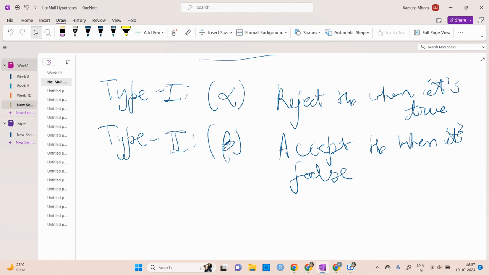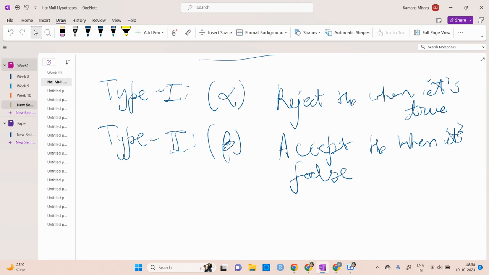On average it is around 250: the first day it was 251, second day 249 or 248, maybe somewhere between 245 and 255. And then I have said it is 250, but we have rejected H naught because it was not exactly true. So that one is type 1 error.